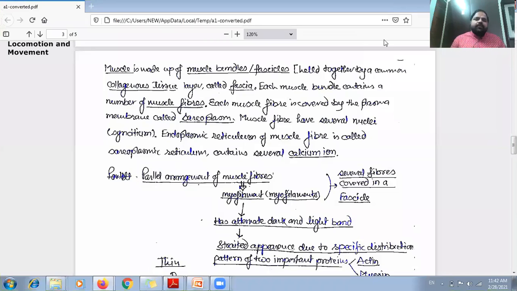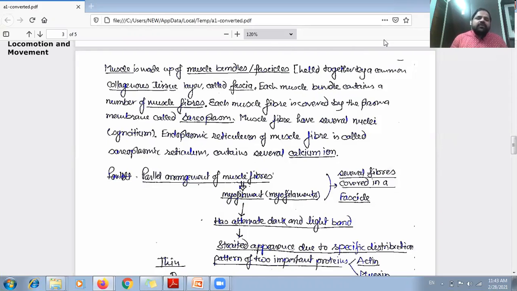So the muscle is made up of muscle bundles or fascicles, these fascicles are present in number, and each muscle bundle contains a number of muscle fibers. Each muscle fiber is covered by a plasma membrane called sarcolemma, and under this sarcolemma there is the cytoplasm called sarcoplasm, and the muscle fibers have several nuclei.